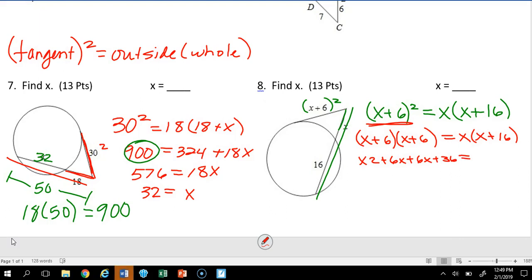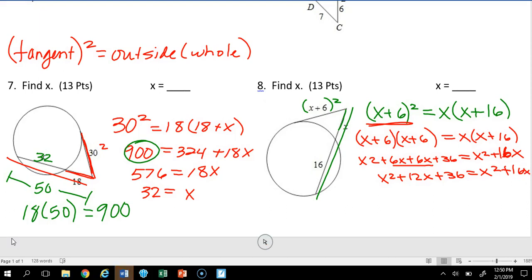Over here, when I multiply x times x, I get x squared. When I multiply x times 16, I get 16x. Now these are like terms, so I'm going to combine them. So I get x squared plus 12x plus 36 equals x squared plus 16x.